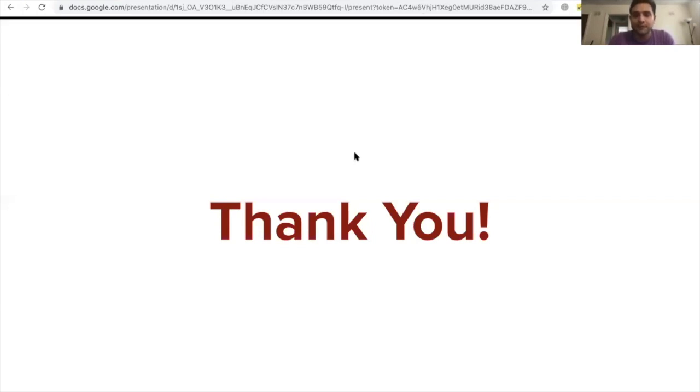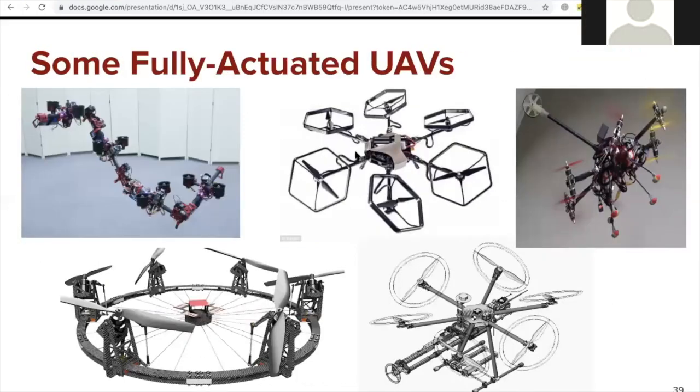So for example, in these ones, you can see this is fully actuated, the top right one. It's from ETH. It's called Voliro. It is also omnidirectional, but it's also fully actuated, and it can actually fly at any orientation. But the one that we are using here is our design at CMU for a very similar task.